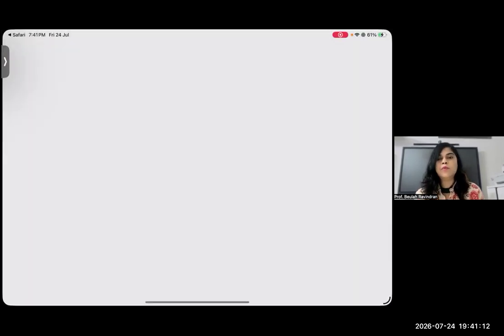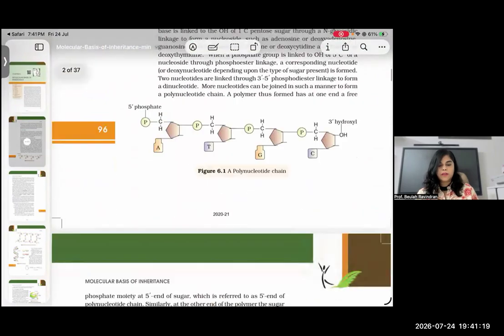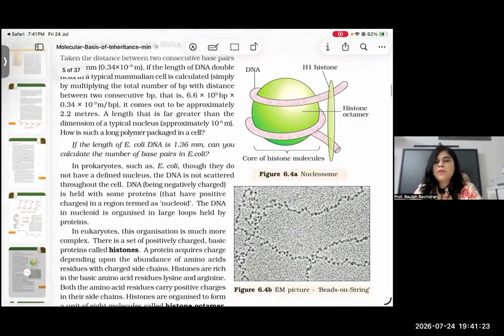This is very, very important. You must understand how this structure is formed. In a nucleosome, DNA wraps the positive charge.